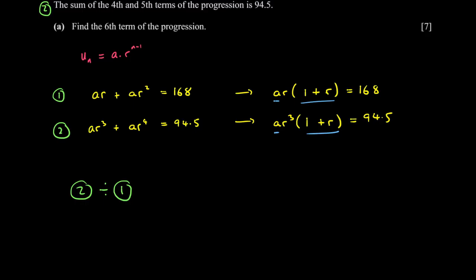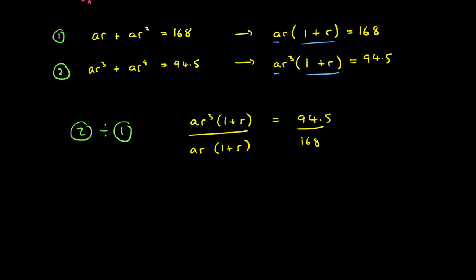So if you're really not sure what I've just said, let me write it out in full. ar cubed bracket 1 plus r equals 94.5. And then we're going to divide that by the first equation, which is ar bracket 1 plus r is equal to 168. So now things are going to cancel off very nicely. 1 plus r cancels off, the a cancels off, r cubed divided by r is r squared, so r squared is equal to 94.5 divided by 168.